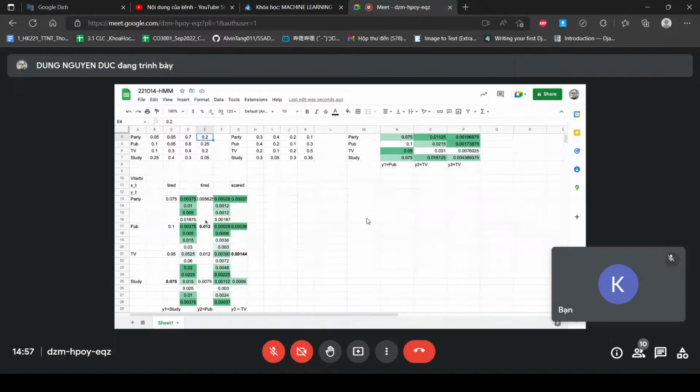And one thing good about this is that if you use Viterbi, the process involves only the multiplication operation.